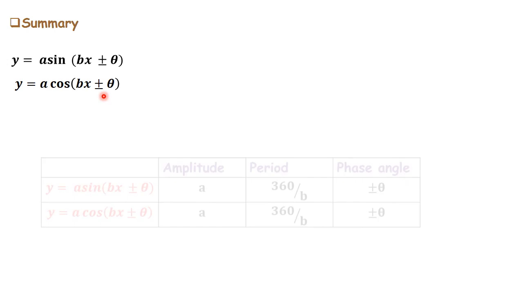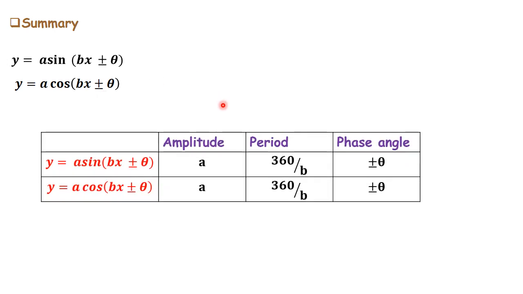It's been rather a long lesson, but I want to summarize it. So let's tie these things together. For y equals a sine in brackets bx plus or minus theta, or y equals a cos in brackets bx plus or minus theta, the amplitude, period, and phase angle can be summarized as indicated here.